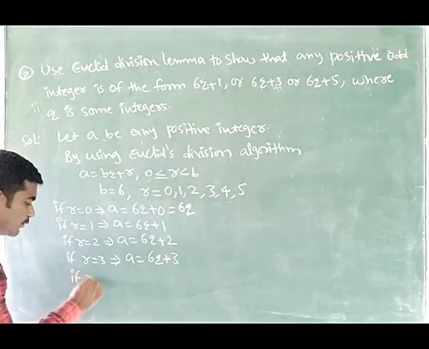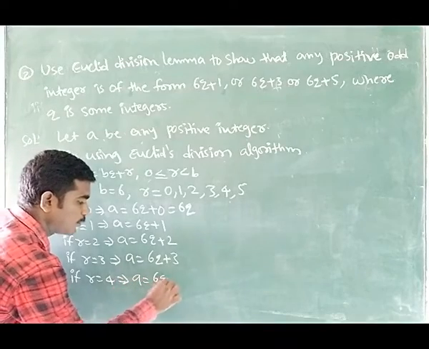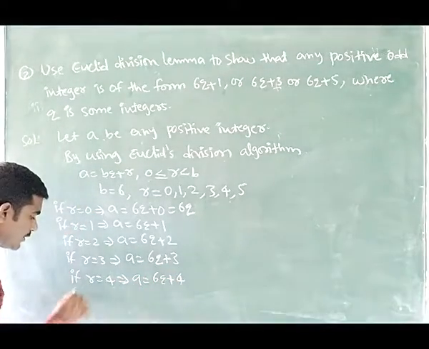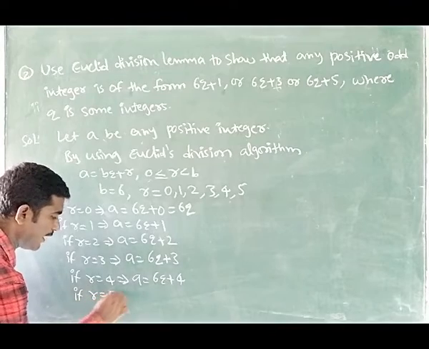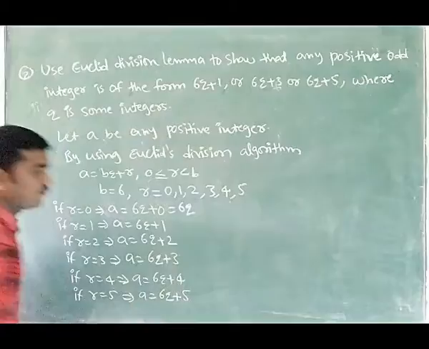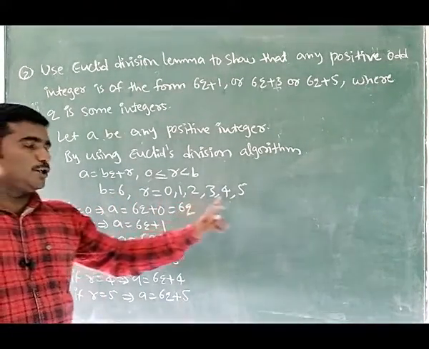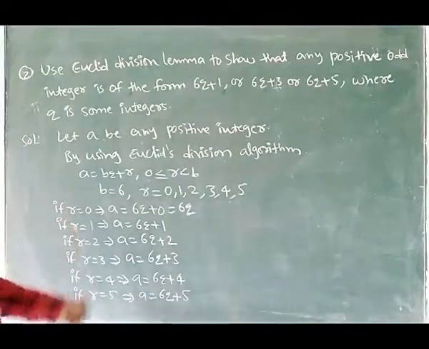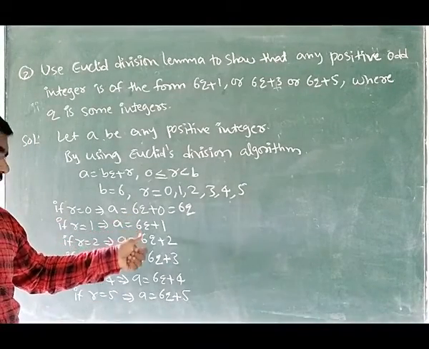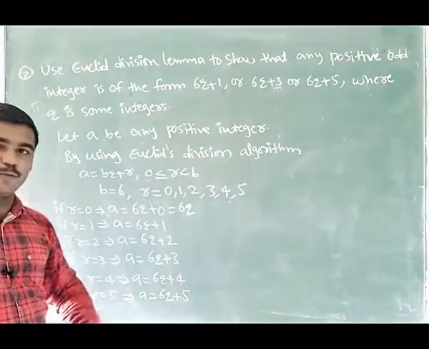If R is equal to 4, then A is equal to 6q plus 4. Last, if R is equal to 5, then A is equal to 6q plus 5. With B equal to 6, R is from 0 to 5. So substituting 0 to 5, you get the A values 6q, 6q plus 1, 6q plus 2, 6q plus 3, 6q plus 4 and 6q plus 5.